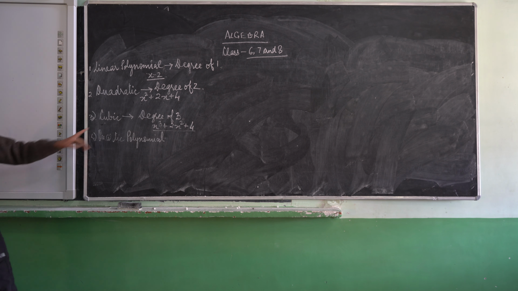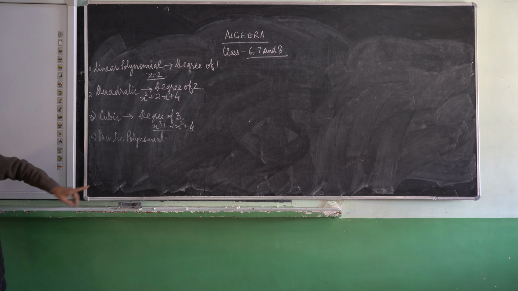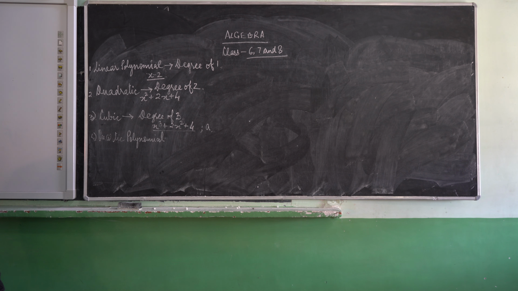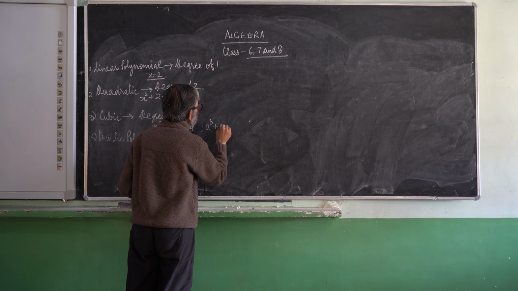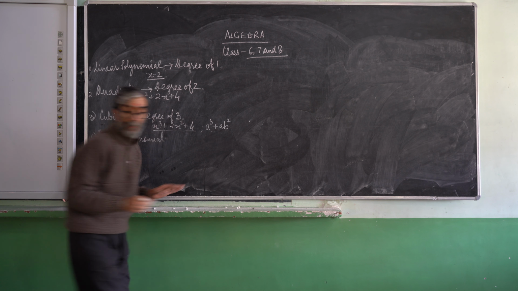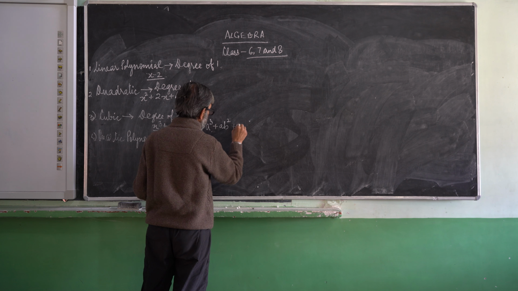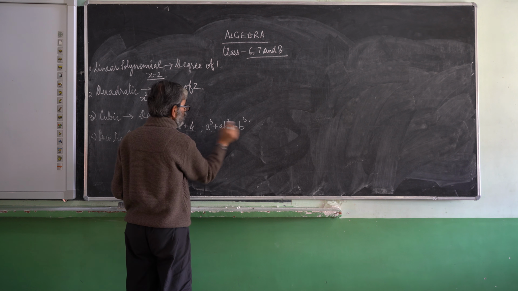Now, I've taken examples in which there is one variable. Suppose there are two variables. I've taken another example, a cubed plus ab squared plus b cubed, and we have two variables a and b.